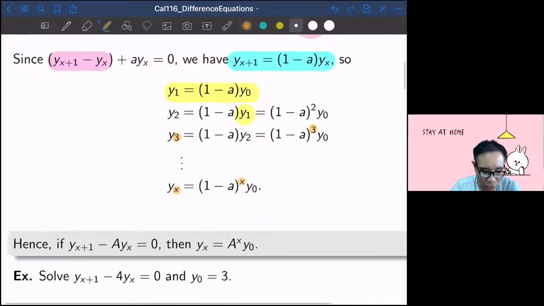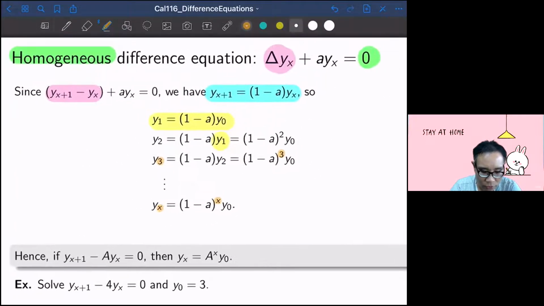So in conclusion, if you have the difference equation given by y_(x+1) minus a y_x equal to 0, you see that the important thing turned out to be a here.